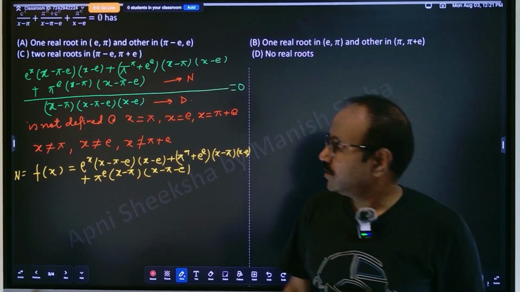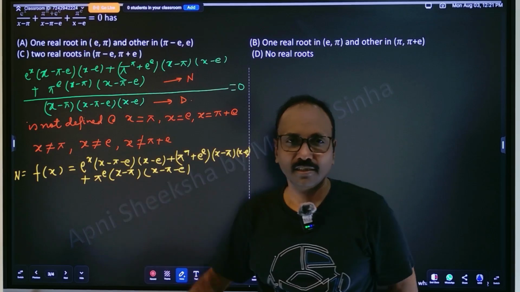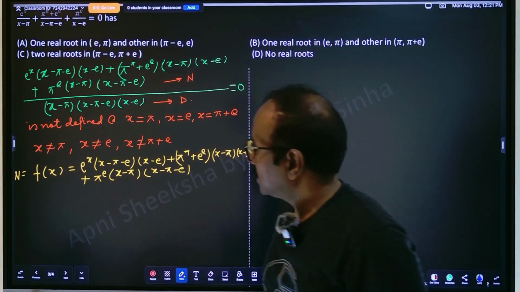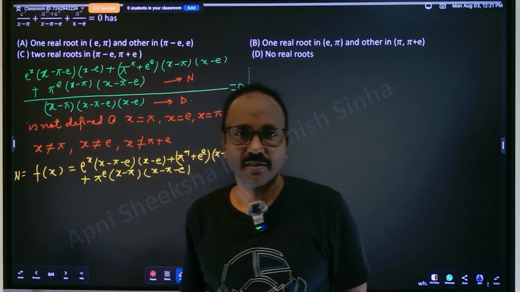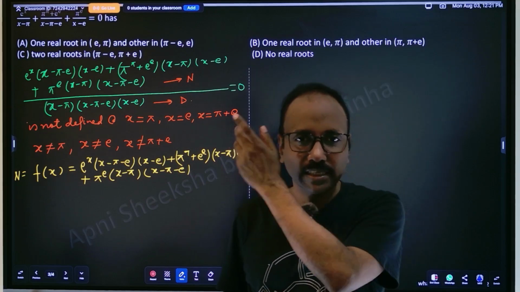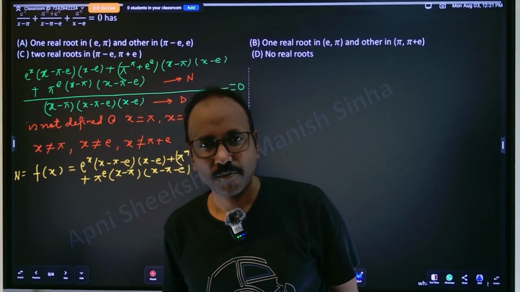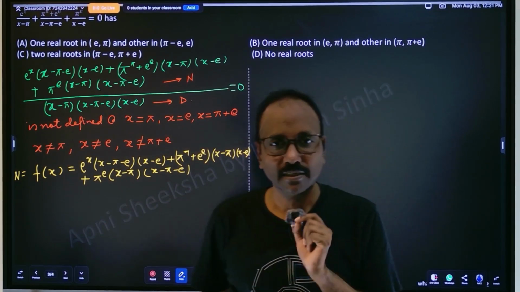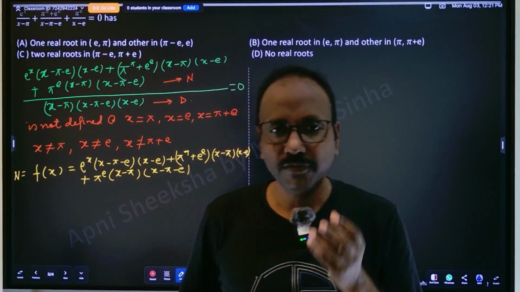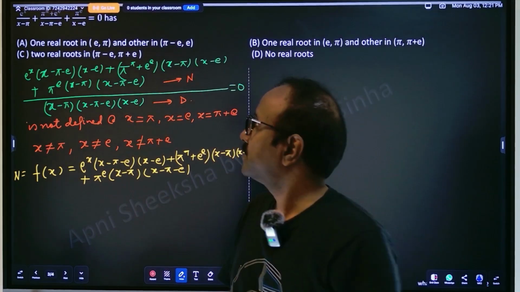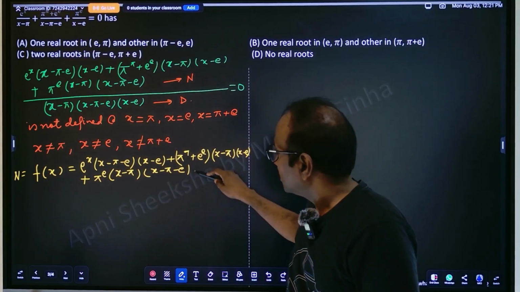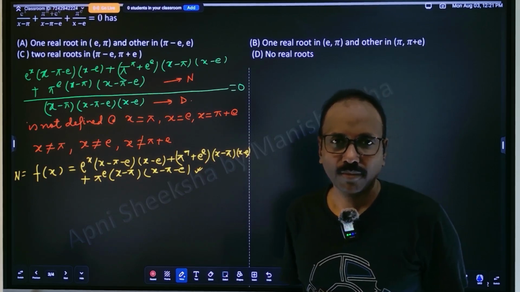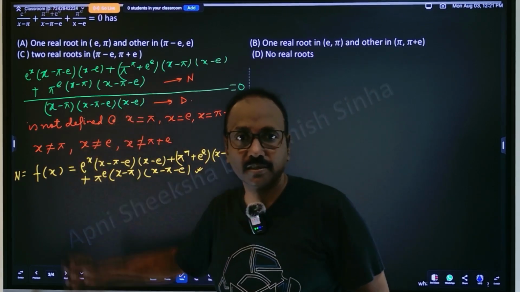So if we plot the graph and see, when we change the value of x, how many times it crosses the x-axis, that will be the number of roots of this function in the valid domain of x.